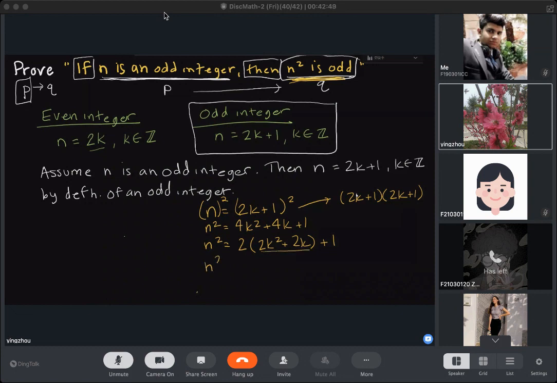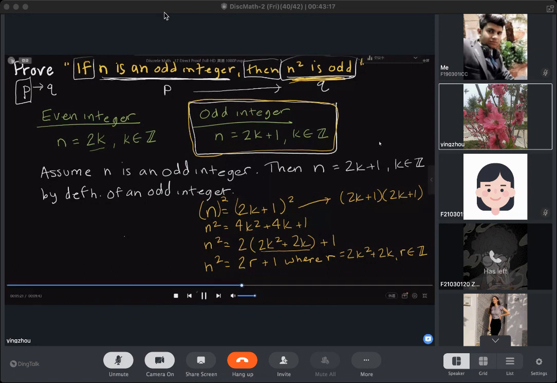So quite often what you'll see is n squared equals 2r plus 1, where r equals 2k squared plus 2k, and r is an integer. So now what have I done? I've done all of this work. I have found that my n squared gives me an odd integer. So at the end, I'm just going to summarize what I have found. What I have found is therefore n squared is odd.